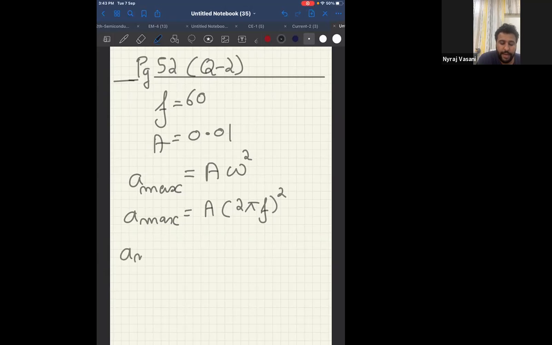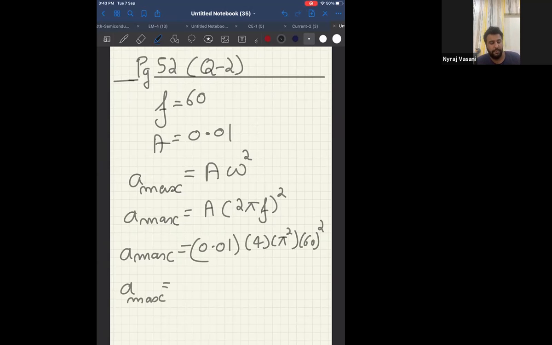Therefore, I will keep A max. Amplitude is 0.01 into 2 square is 4 into pi square will be pi square and f square will be 60 square. Now solve this and tell me, are you getting that answer for A max? Tell me what answer are you getting for A max?